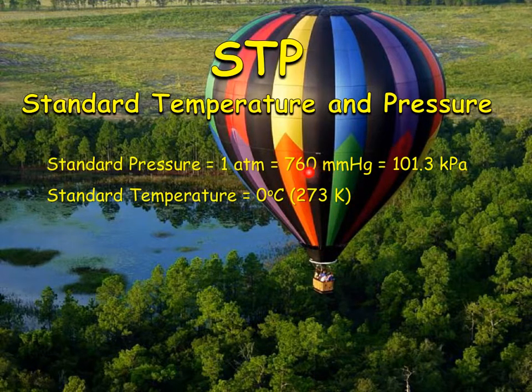So if we're given Celsius, we have to add 273 to convert to Kelvin. Remember, you've done a conversion worksheet before we started this unit, so it's assumed that all this information is in your notes and understood, and you know these equivalencies for what's known as standard pressure.